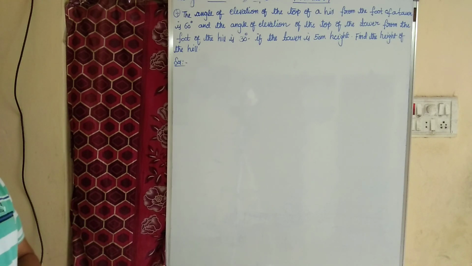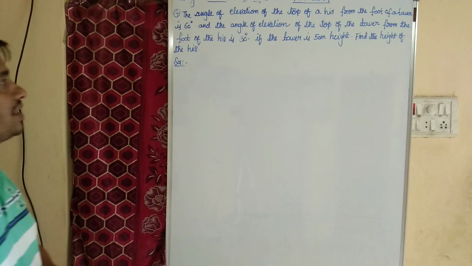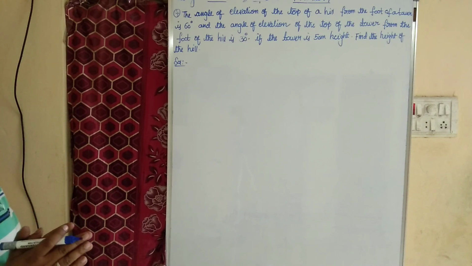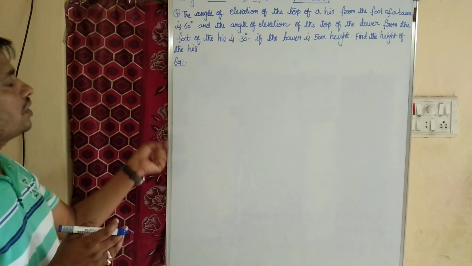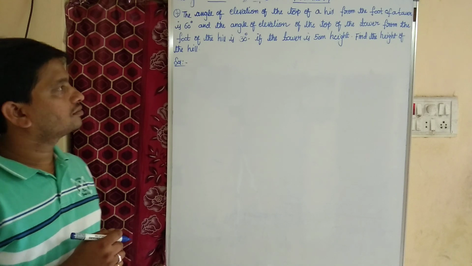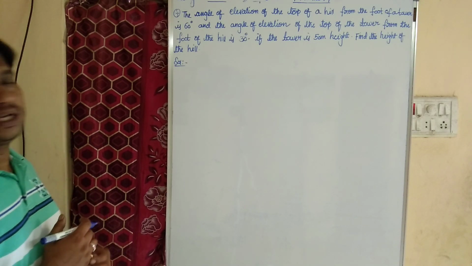The angle of elevation of the top of a hill from the foot of the tower is 60 degrees. And the angle of elevation of the top of the tower from the foot of the hill is 30 degrees. If the tower is 50 meters high, find the height of the hill.